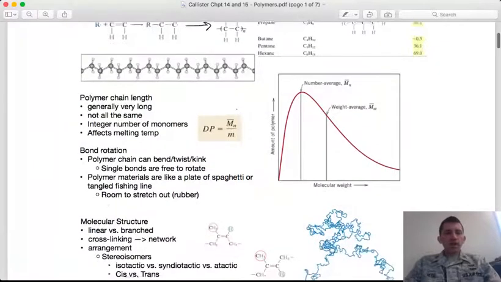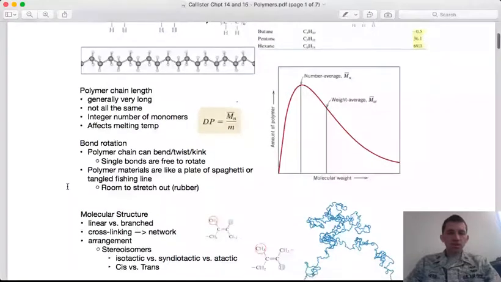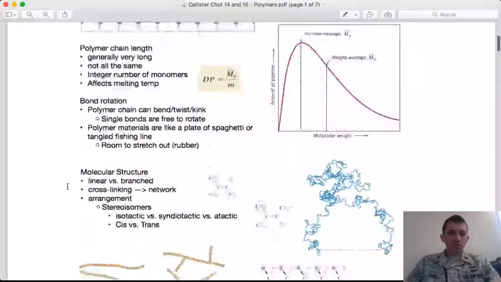But typically you don't have chains that are as straight as this, because these single bonds do not restrict the rotation of the atoms around them. And so you can have bends and twists and kinks in your polymer chains because these single bonds are free to rotate.